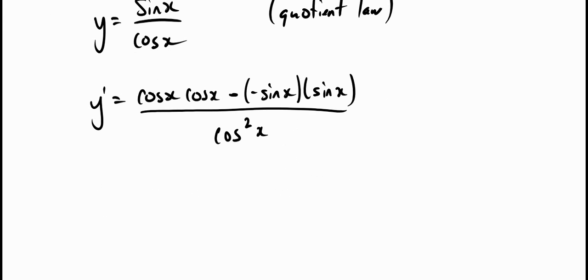Straightforward enough, right? Cos x times cos x is cos squared x. Negative times negative is positive. Sine x times sine x is sine squared x.